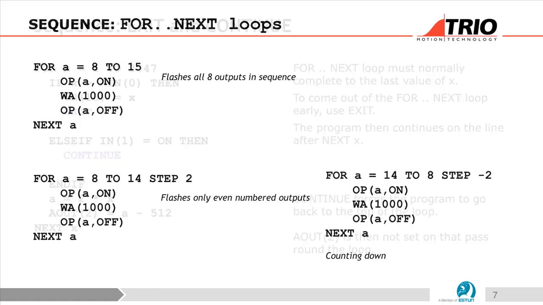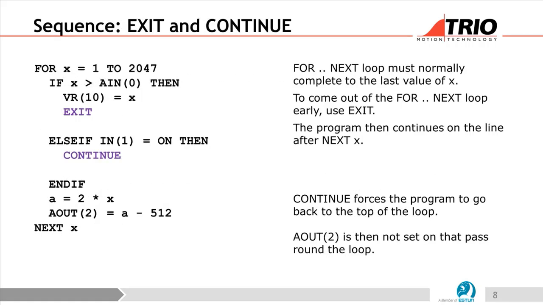Alright, this is a sequence that I rarely use, but to exit, the FOR NEXT loop must normally complete to the last value of the x, so the last value of the axis. So to come out of the FOR NEXT loop early, you can use this EXIT function.